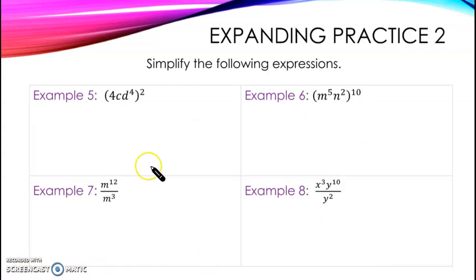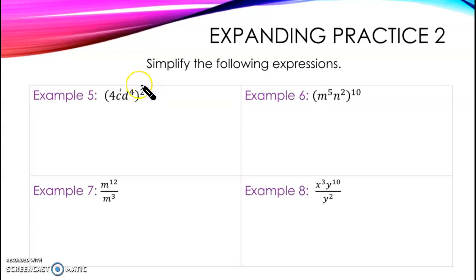I'll give you a second to try example 5 if you want to pause the video. But again, I'm going to go ahead and distribute this one. And some people get confused. They think that this c is attached to this 4 right here, but it's not. This c does not have an exponent. Well, it technically has the exponent 1, a little tiny 1 there that we don't usually write.